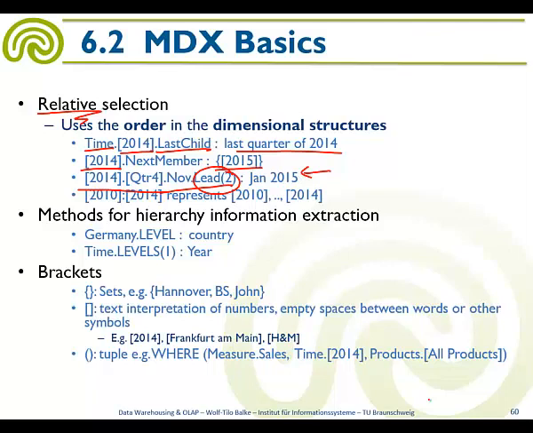And finally, there's an abbreviation for intervals, just the colon, and then you get the list of the intervals. So 2010 colon 2014 means from 2010 until 2014, which is 2010, 2011, 2012, 2013, 2014. Okay, just an abbreviation.